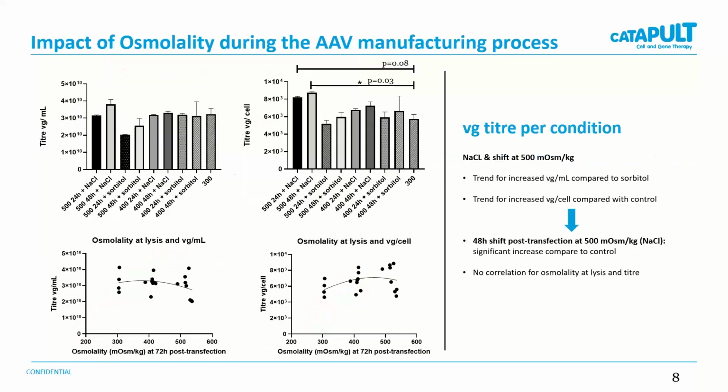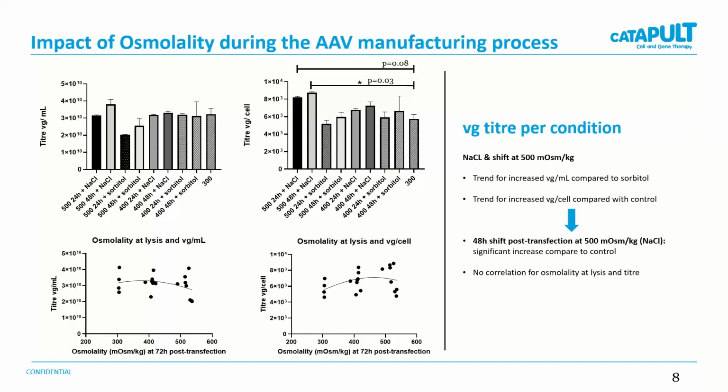So now I can show you some results about the titer, which will be of interest for most of you. What you can see on this slide is the titer on the left for all the conditions. On the right, you can see a specific titer for all the conditions again.